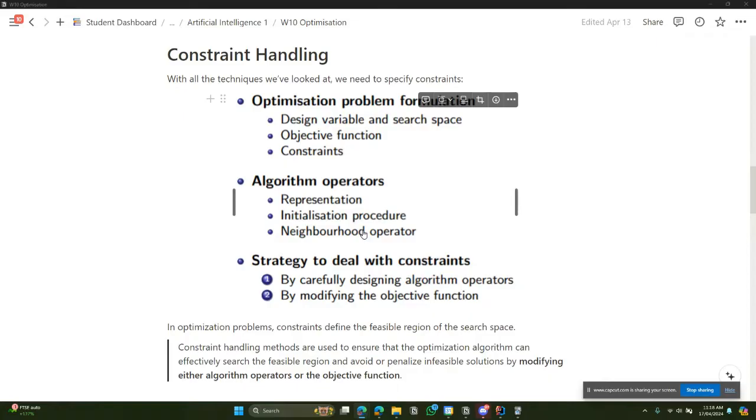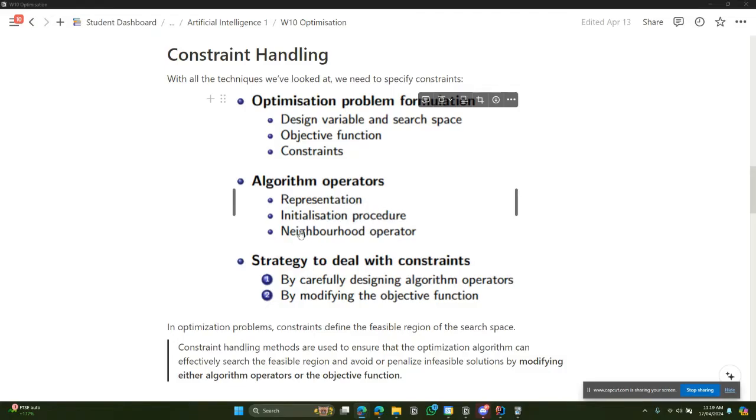So what we did to find the neighboring solutions was just increase x by 0.1 and decrease x by 0.1, and then compare which one gave us a higher value of the objective function, because we were trying to maximize. And then we just moved to that solution. And that's how hill climbing would work. Well, the OG hill climbing anyway. Don't know about the variants. So that is the neighborhood operator.